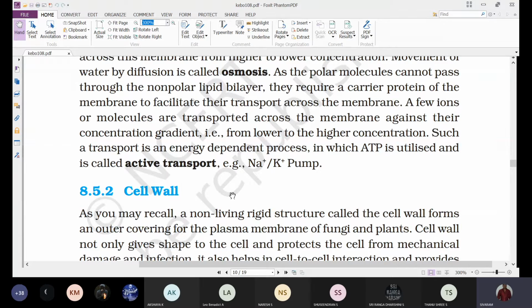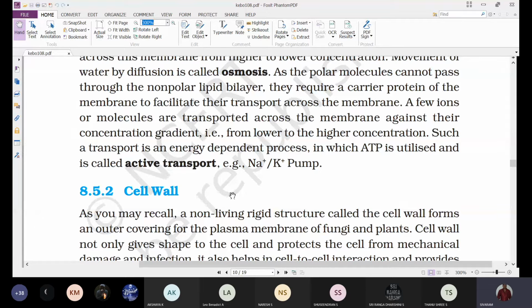That difference in potential has to be brought about. So the molecules need to be transported against the concentration, or to pump these molecules we have to undergo a process that we are calling active transport.